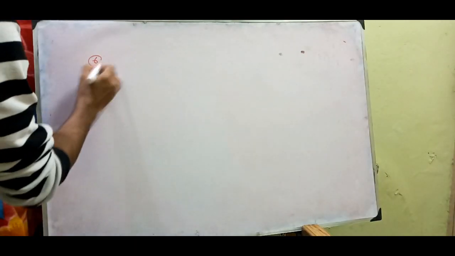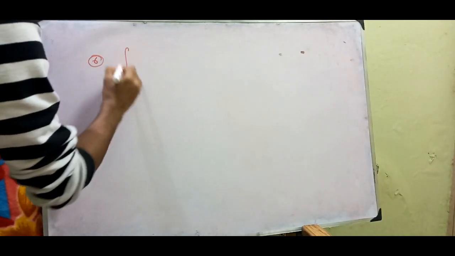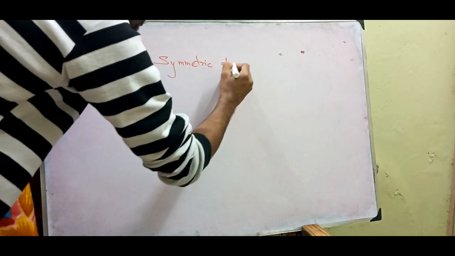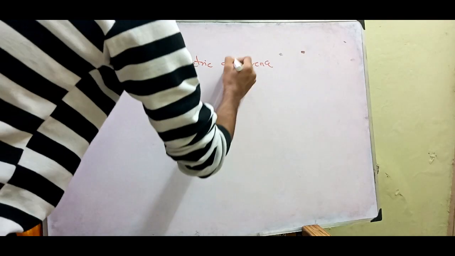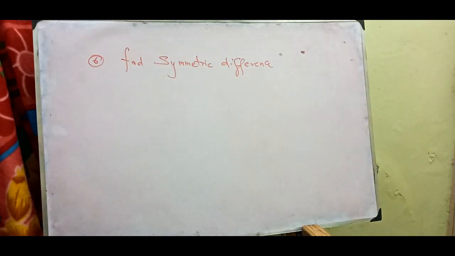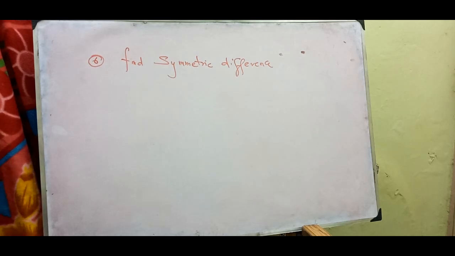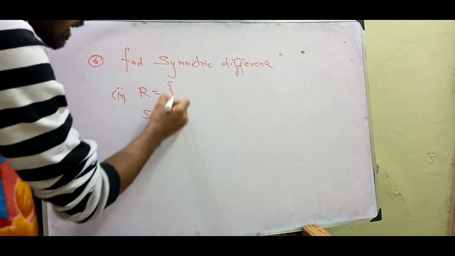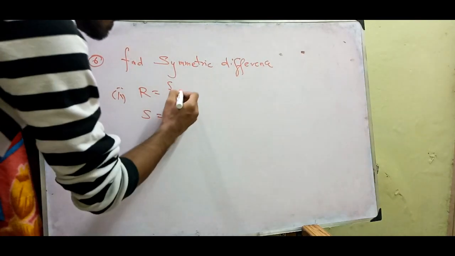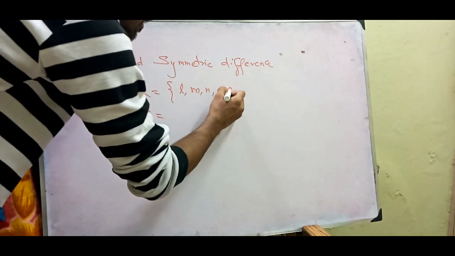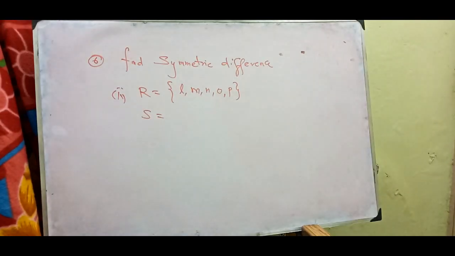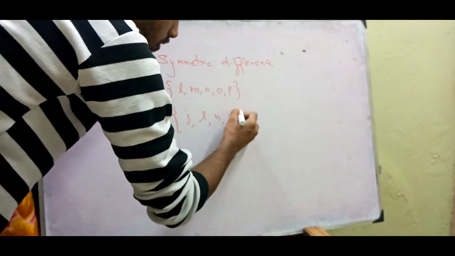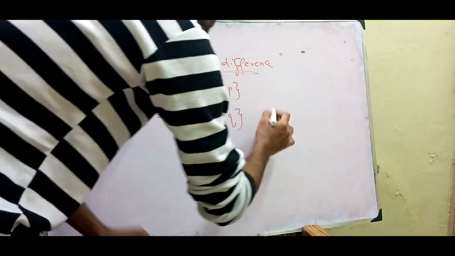Find the symmetric difference between the following sets, and I have chosen the second pair, capital R and capital S. Capital R is L, M, N, O, P, then capital S is J, L, N, Q. Got it?